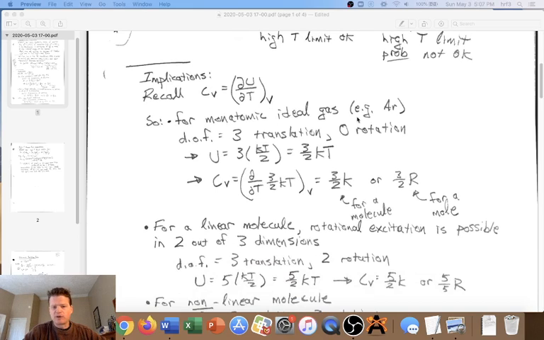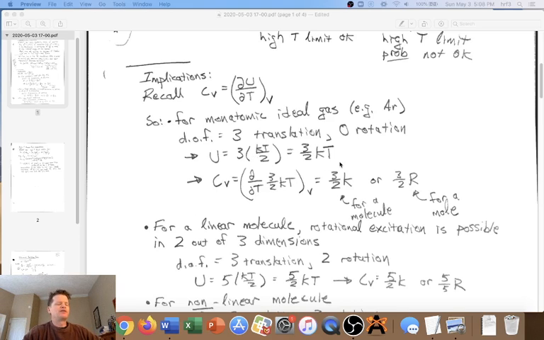So for example, for a monatomic ideal gas, so argon, could be xenon, helium, whatever, the degrees of freedom are just the three translations. There's no rotational degrees of freedom for these spherical atoms. So the internal energy is just 3 times kT over 2, or 3 halves kT.